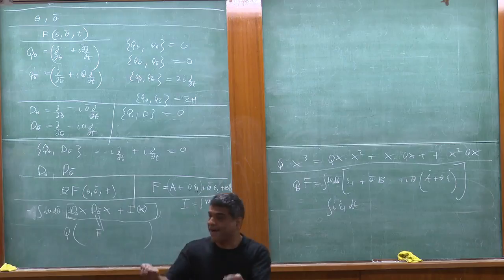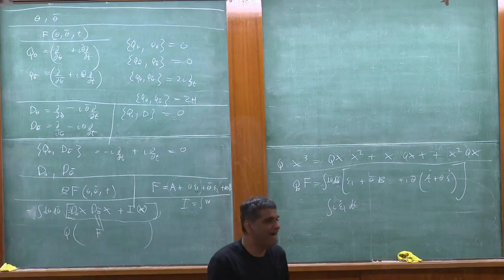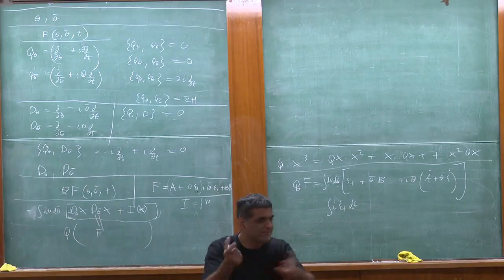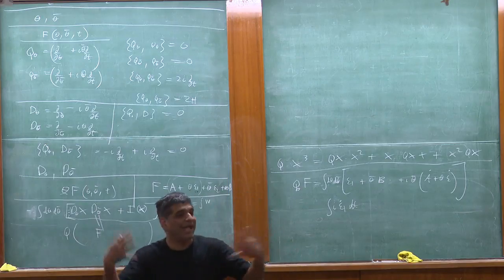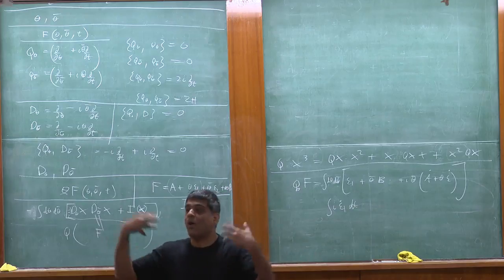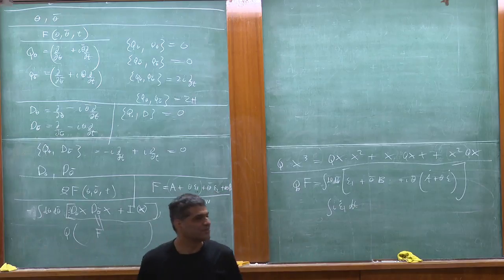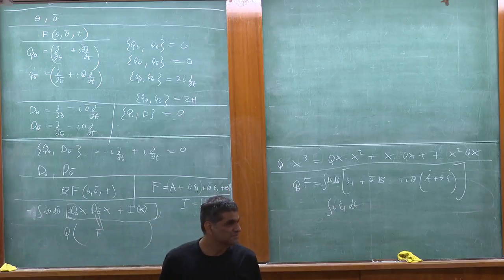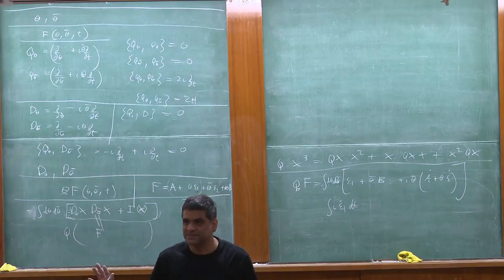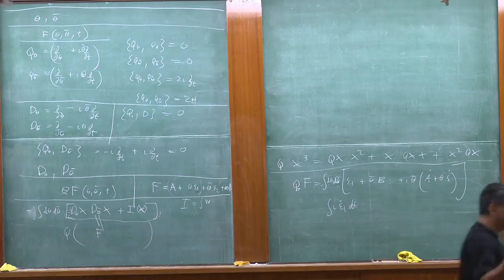So you can make it out of d theta or d by dt acting on your basic superfields, and it will automatically be invariant under supersymmetry transformations. Is this clear? Because this is the beginning of our course, we will see this in great algebraic detail as we go on. But is the basic point clear? It's a very simple point.